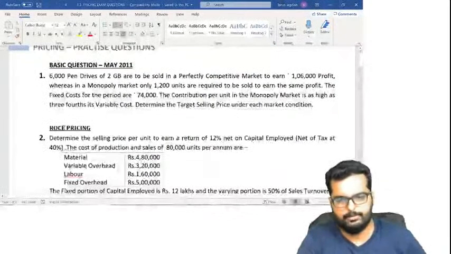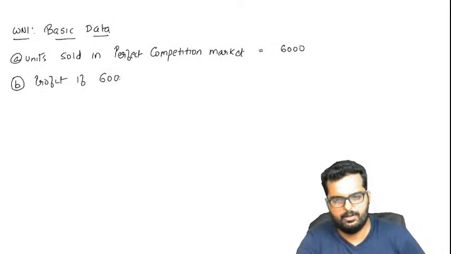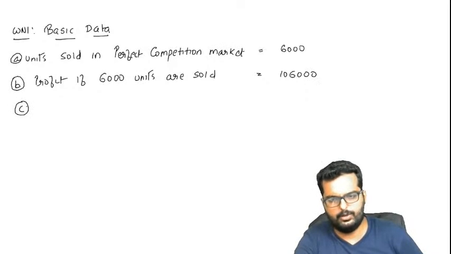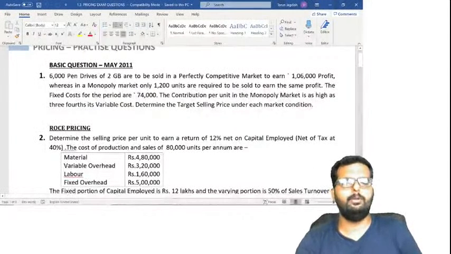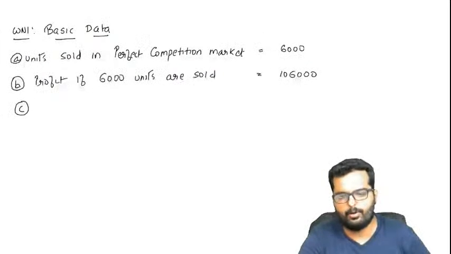Point B, profit if 6,000 units are sold. What is the profit that you get over here? Do you get the profit of 1,06,000? Am I right? Whereas in the monopoly market, only 1,200 units are required to earn the same profit.